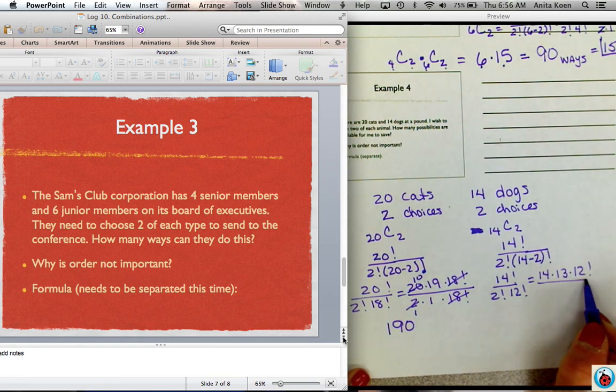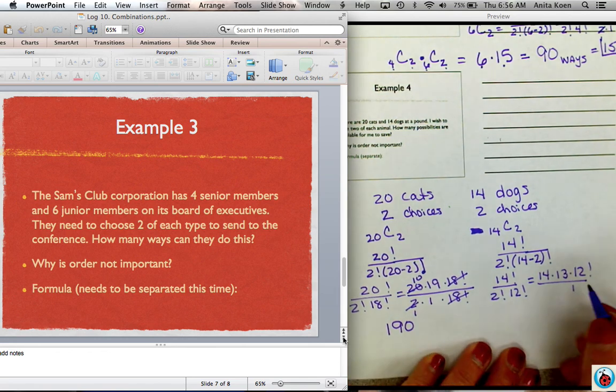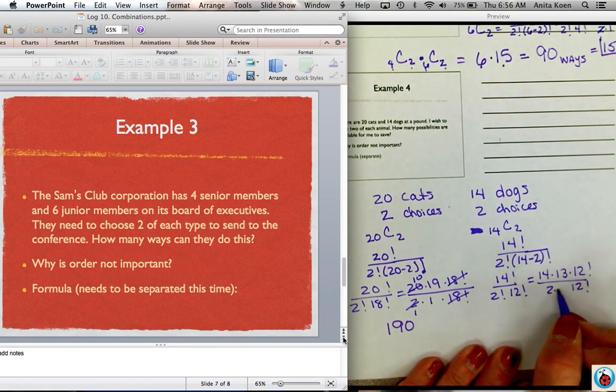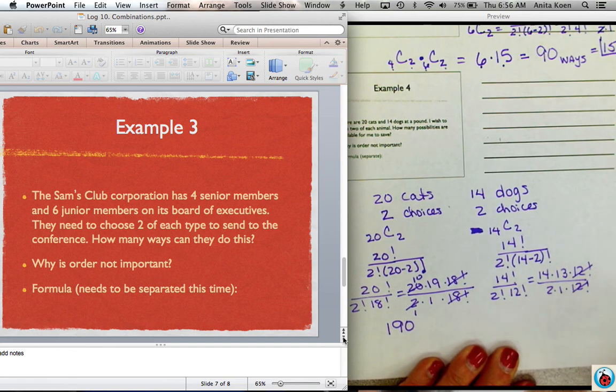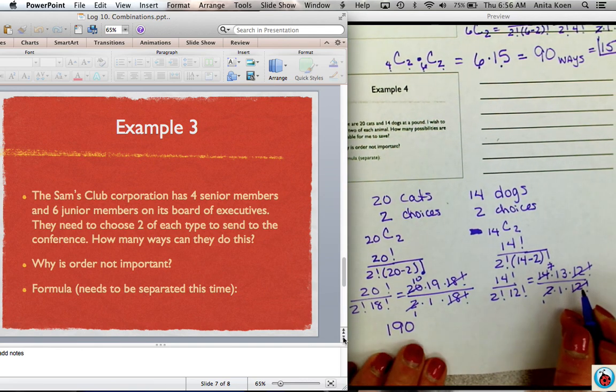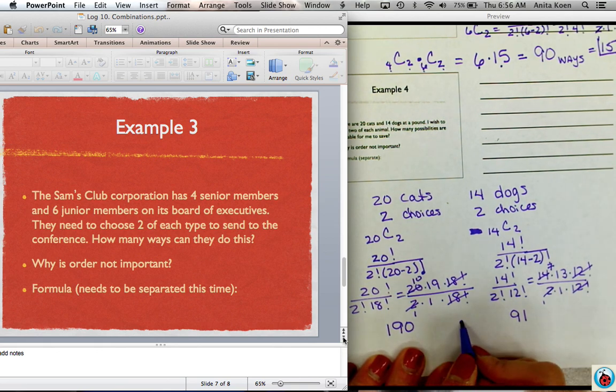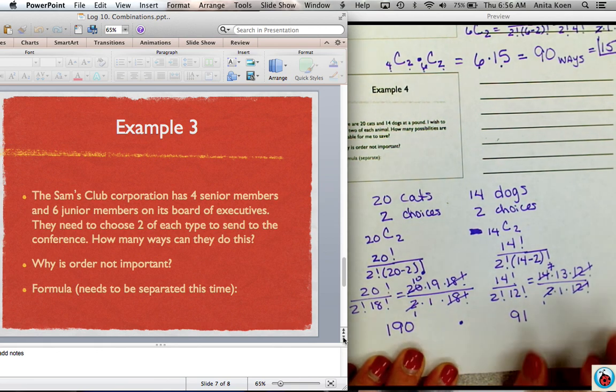And I'm going to stop with 12 because I know that the 12 factorial will cancel in the bottom. And 2 times 1, 12 factorial cancels. 2 goes into 2 once and into 14 7 times. And now I have 7 times 13. Is that all I have on the top? Yes. And that gives me 91. So 91 over 1. So 91 ways to save the dogs.